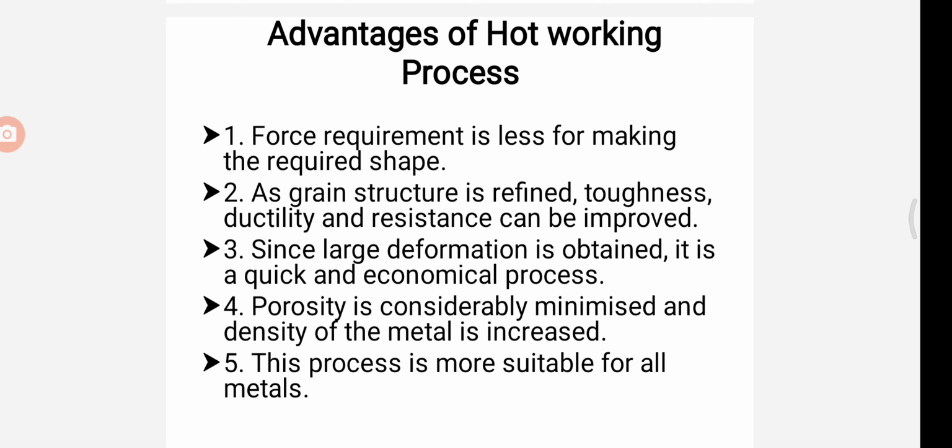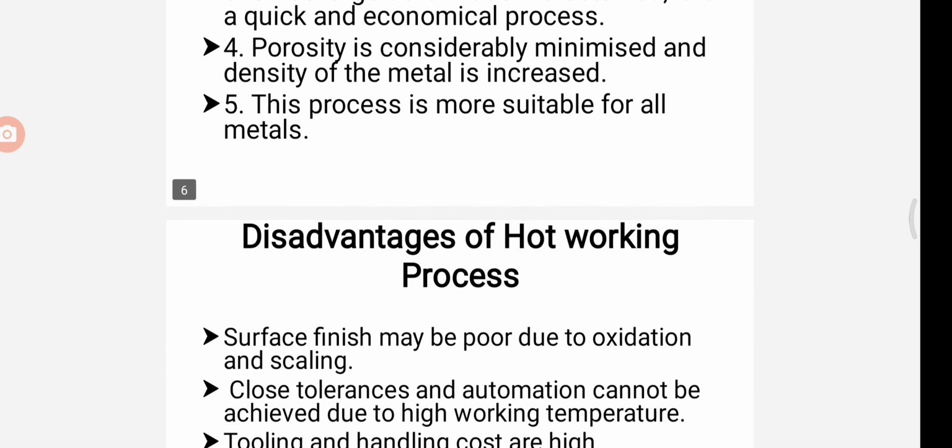When we give heat or temperature to the workpiece, the deformation is formed easily, so it is economical. Porosity is considerably minimized, and the density of the material is also increased. The process is suitable for all metals.